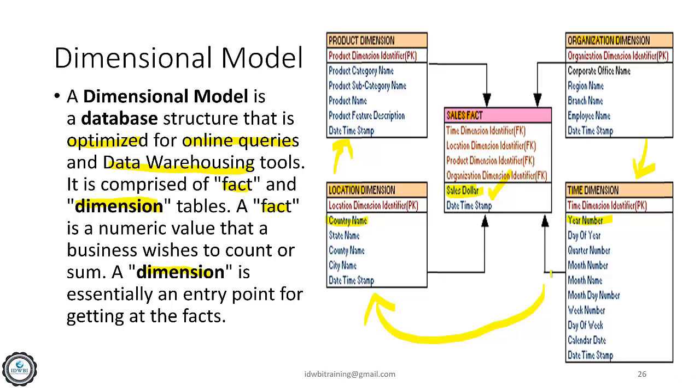That data can be referred to as summarized data or aggregate data. Aggregation is synonymous with summarization, and aggregate data is synonymous with summary data, right? Aggregation and summarization are aspects of your fact table where you have the measures. All right, so that's about the dimensional modeling.